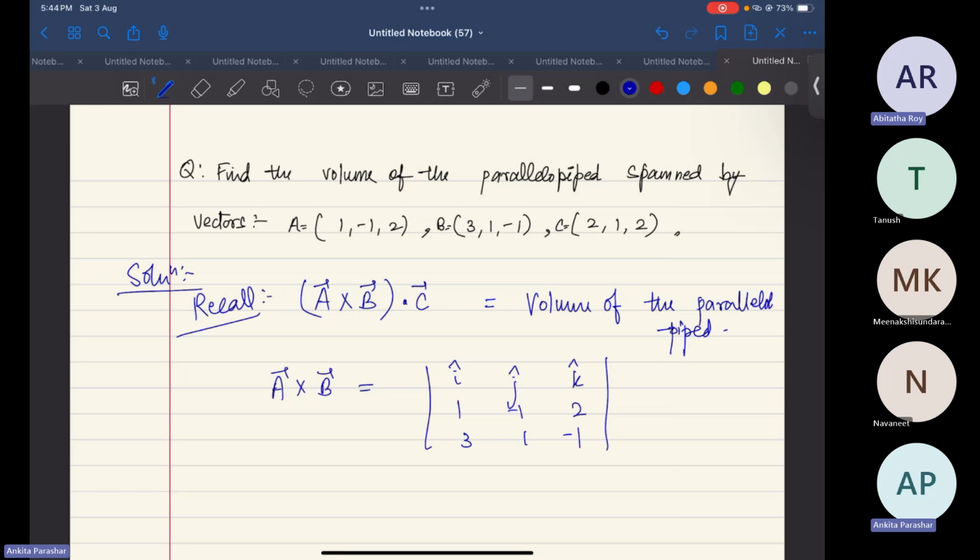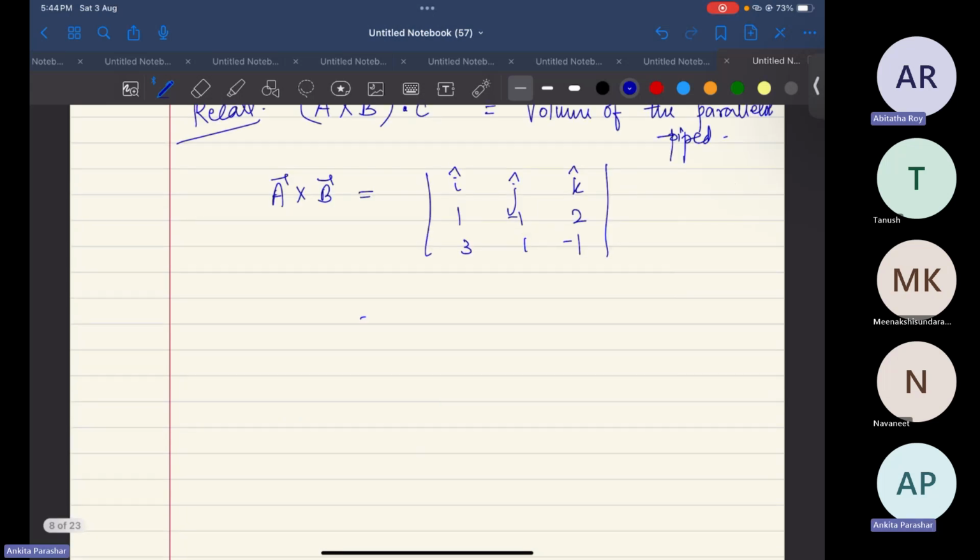The answer would be minus i cap plus 7 j cap plus 4 k cap. Okay, so this is A cross B.